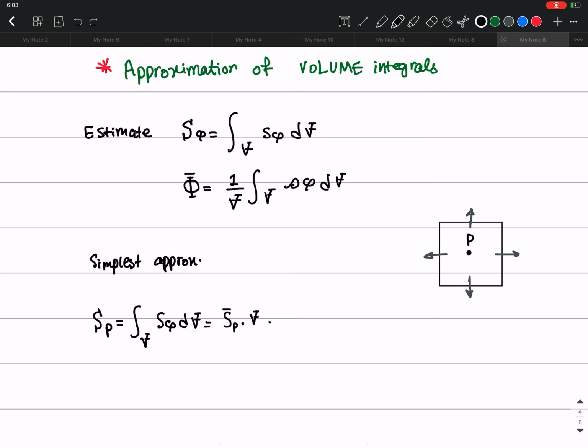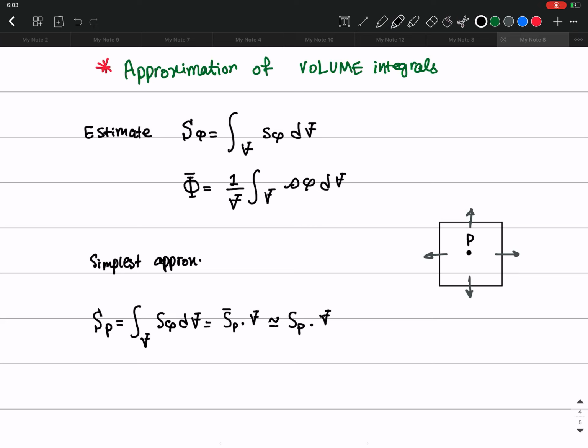And then we can approximate this with what? With the value of S at point P, or here, just the center, times volume.